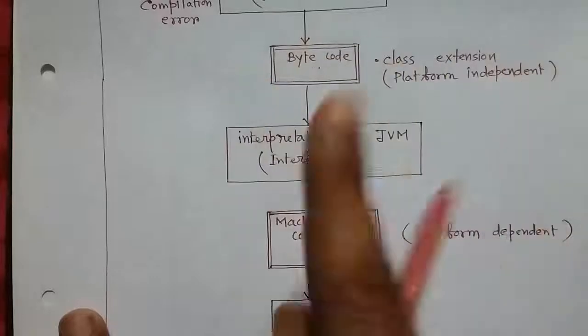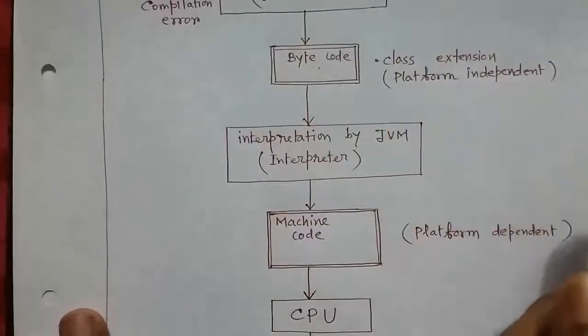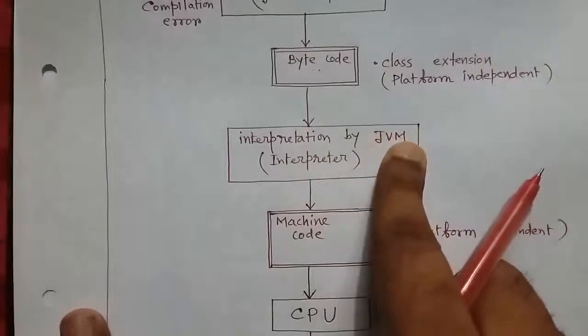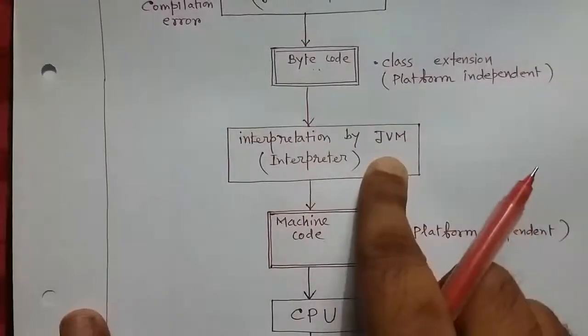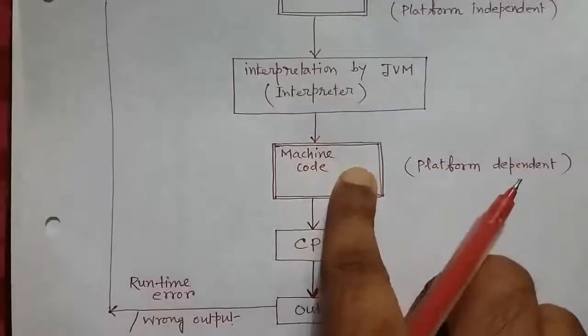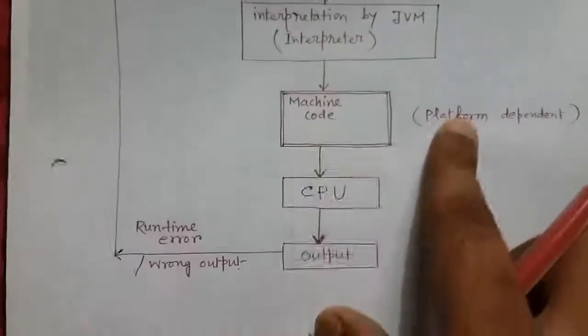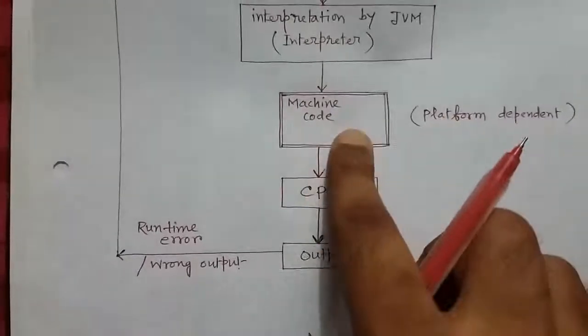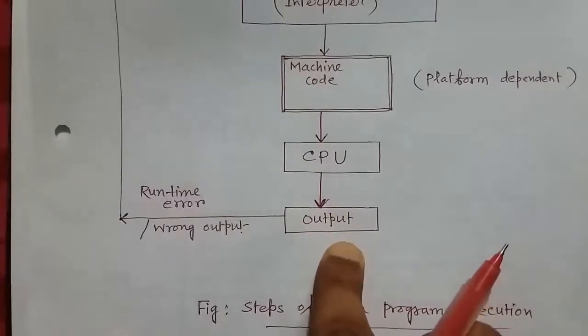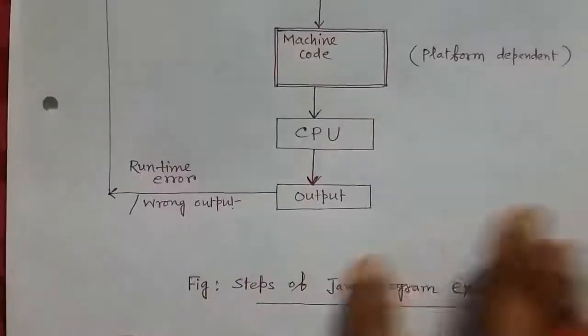So Java uses a compiler as well as an interpreter, where the interpreter is actually the JVM, known as the Java Virtual Machine. Why it is known as Java Virtual Machine, I will discuss later in this lesson. Whenever the machine code is generated, the CPU executes it to produce the desired output. I think it is clear to you.